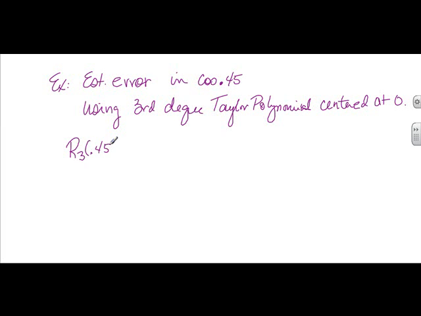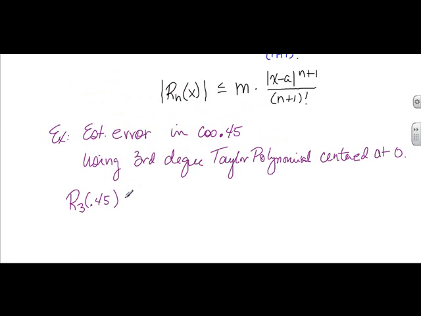Okay, well, according to our formula, R3 of 0.45 will be less than or equal to some number M times the absolute value of x, which is 0.45, minus a, which is 0, raised to the 4th power divided by 4 factorial.